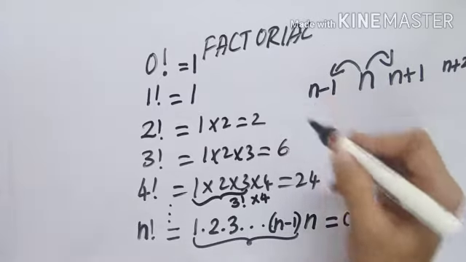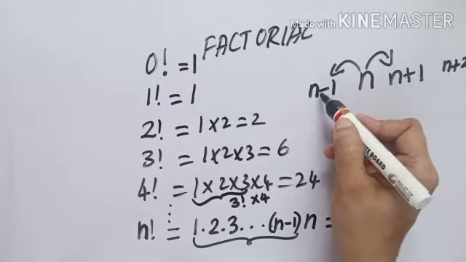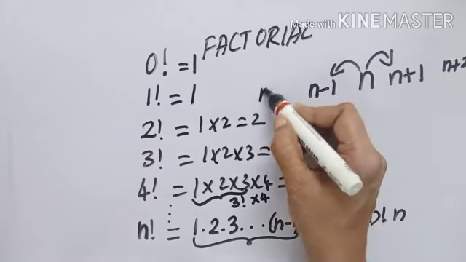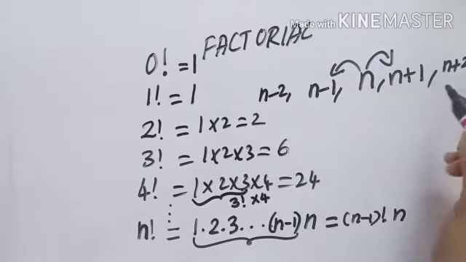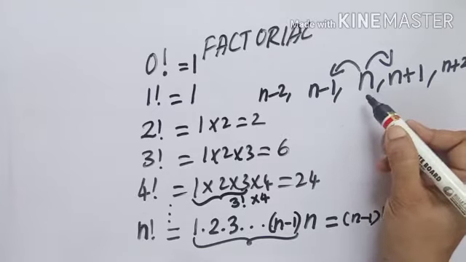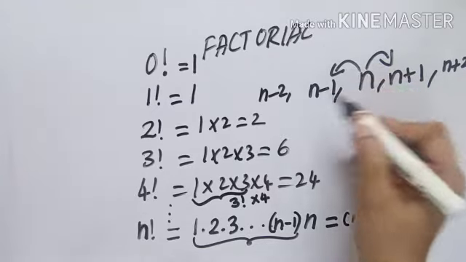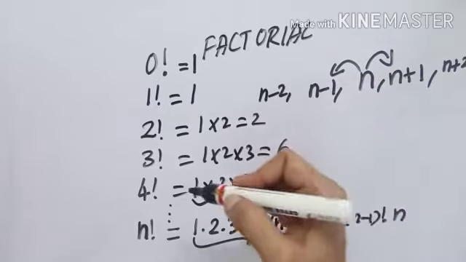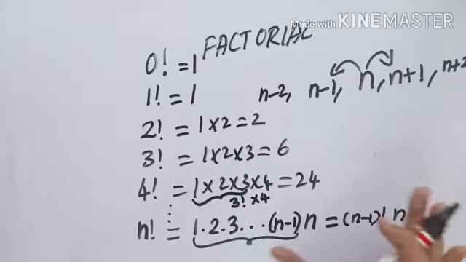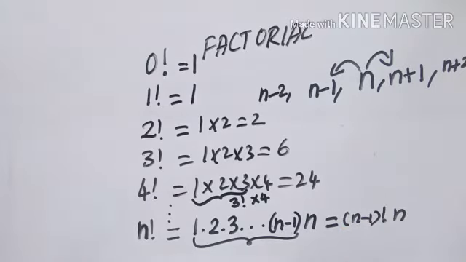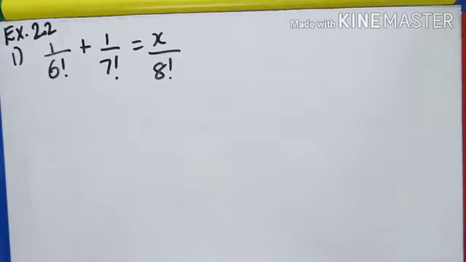What is the previous number for n minus 1? n minus 1 minus 1, that is n minus 2. So we must be able to write with n also. Whenever I need to write the previous number, subtract 1. Whenever I want to write the next number, add 1. So these are the techniques that we use in this exercise.